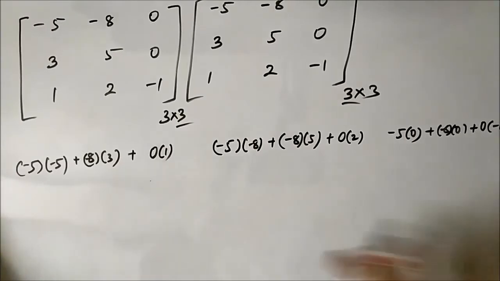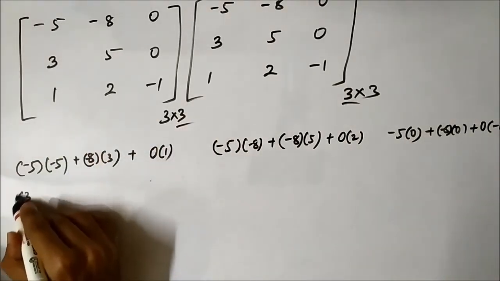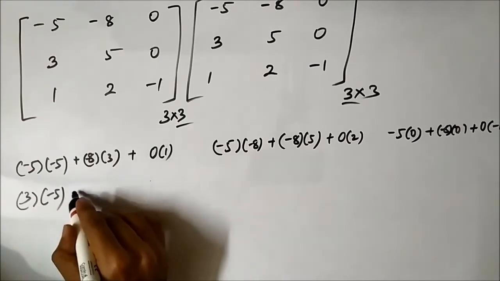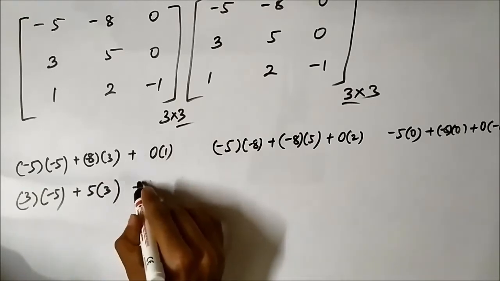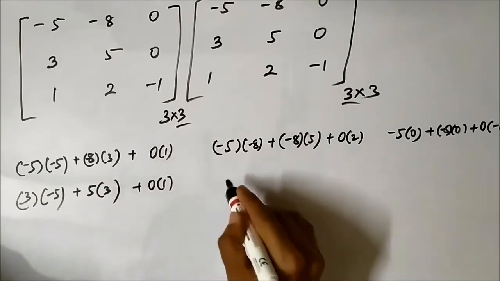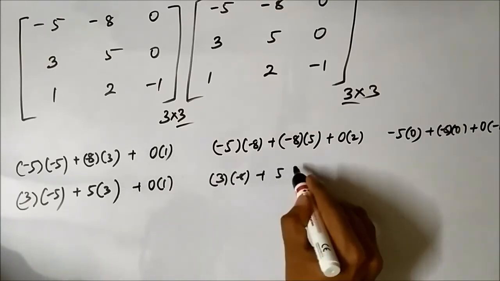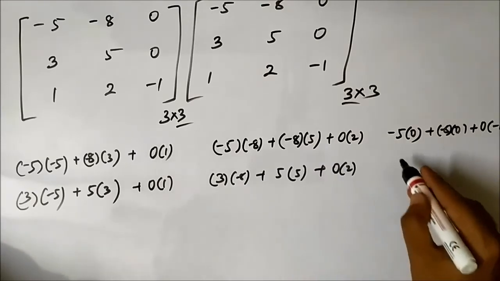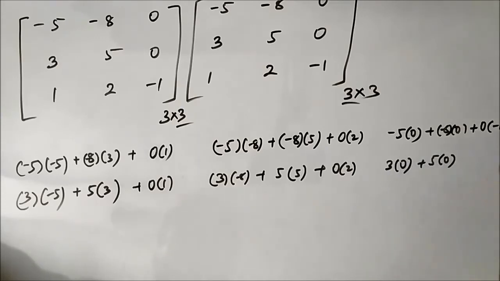Next, second row with first, second and third column respectively: 3 into minus 5 plus 5 into 3 plus 0 into 1, 3 into minus 8 plus 5 into 5 plus 0 into 2, 3 into 0 plus 5 into 0 plus 0 into minus 1.